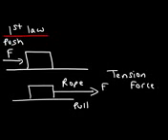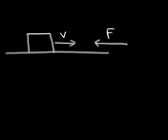So unless we apply a force, the box at rest will continue to remain at rest. Now let's say we have a box, and this box is moving to the right. So it's sliding across the surface. The only way to stop the box from moving in this direction is to apply a force in the opposite direction.